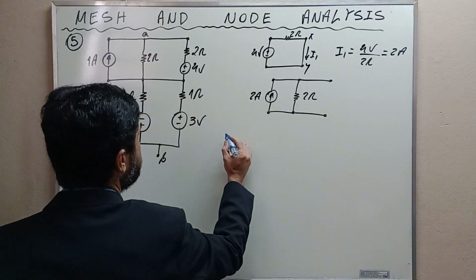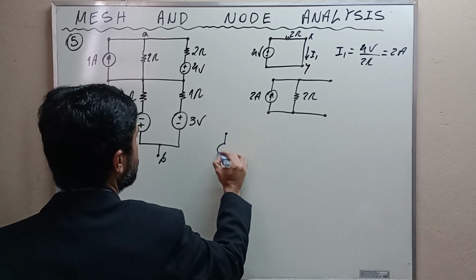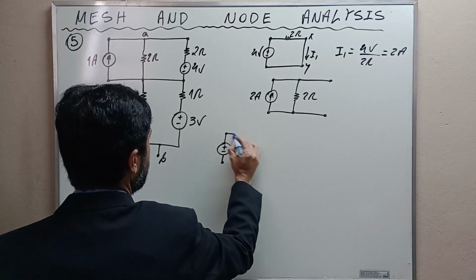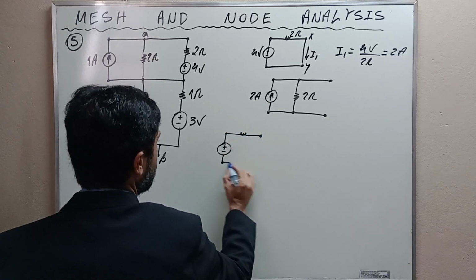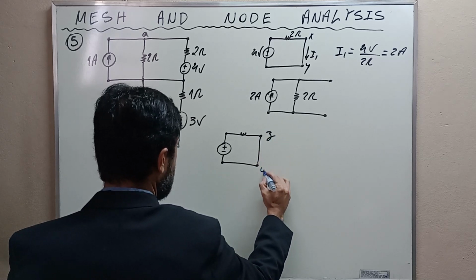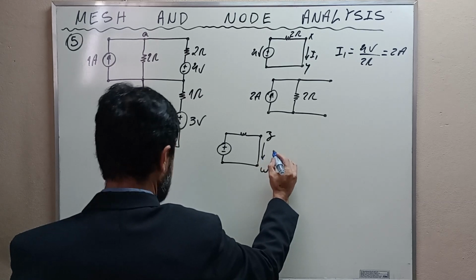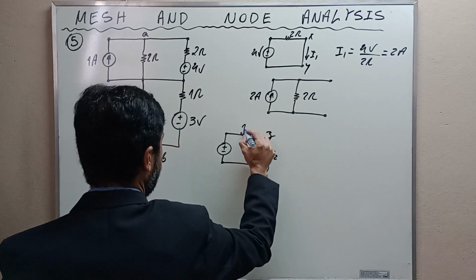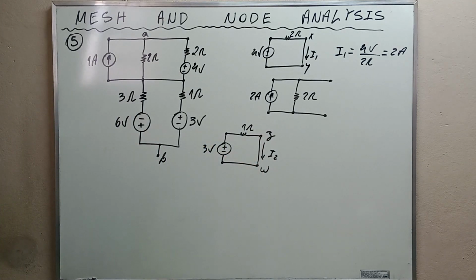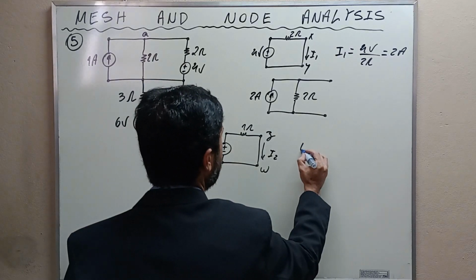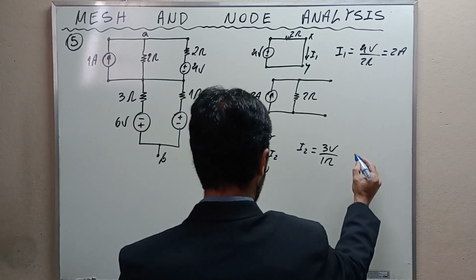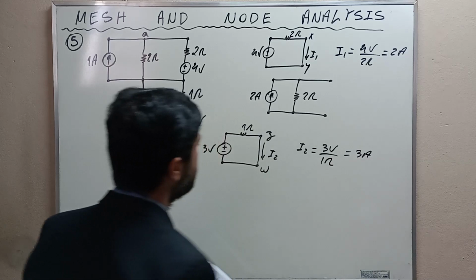It is going to be... okay, and the value of I2 is equal to 3 volts over 1 ohm, and this is equal to 3 amps.